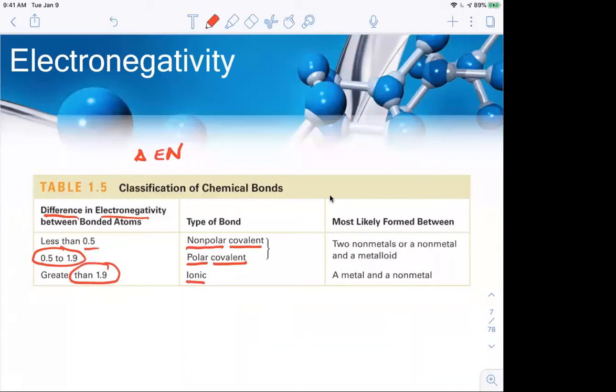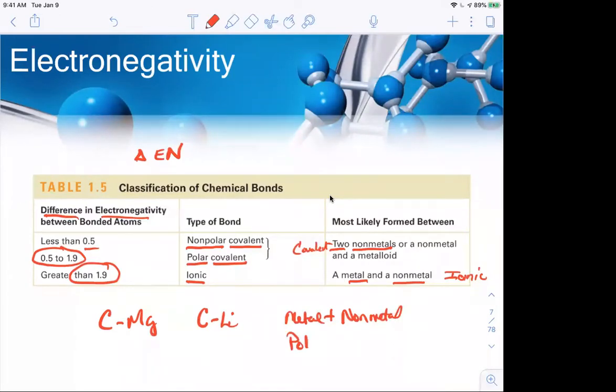Remember, typically two nonmetals or a nonmetal and a metalloid are going to form covalent bonds, and a metal and a nonmetal will form ionic bonds. We're going to see that there are some cases, such as carbon-magnesium and carbon-lithium, where these are metal plus nonmetal, but they're actually considered to be polar covalent, because if you look at the difference in electronegativity, they fall in this 0.5 to 1.9 range.